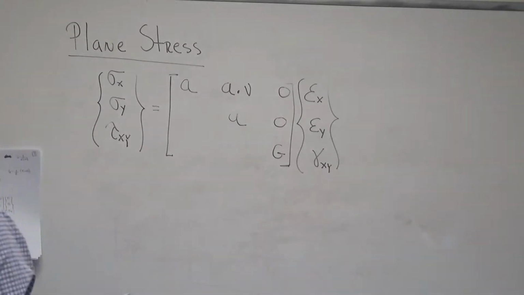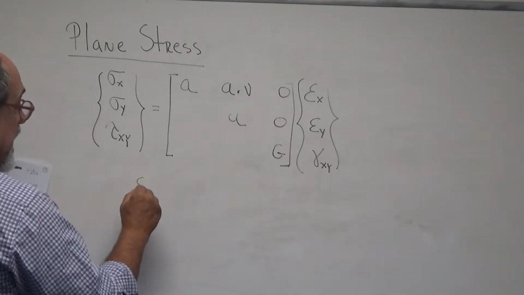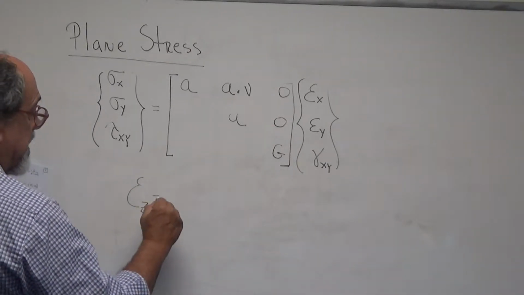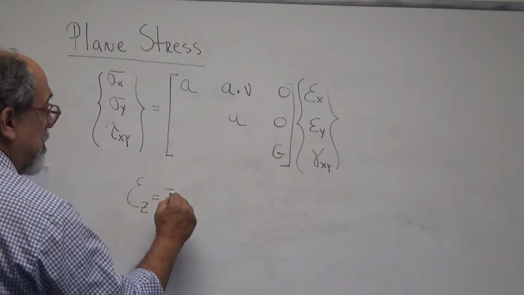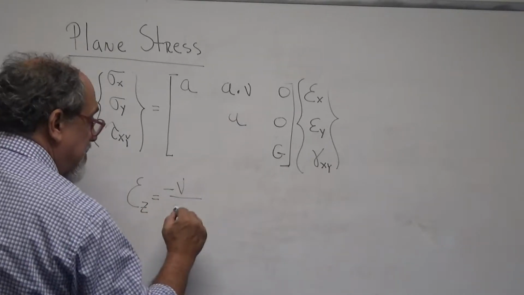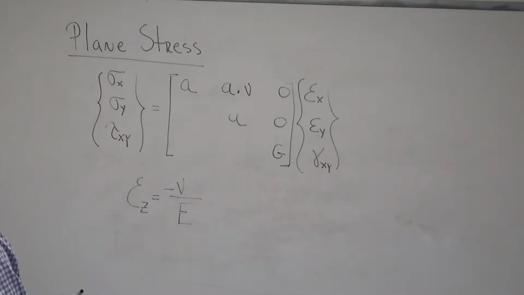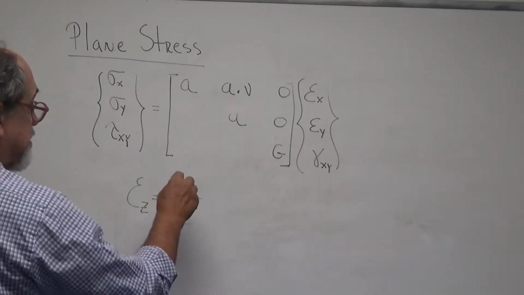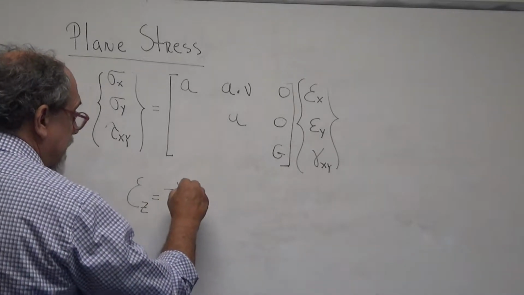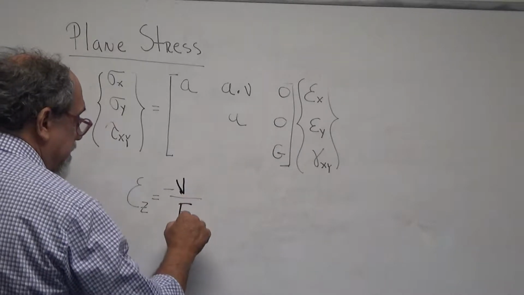Now, in plane stress, we do get strains in the z direction, and they are equal to minus Poisson's ratio divided by the modulus of elasticity. Let me write this darker so that you can see better. Yeah, much better.